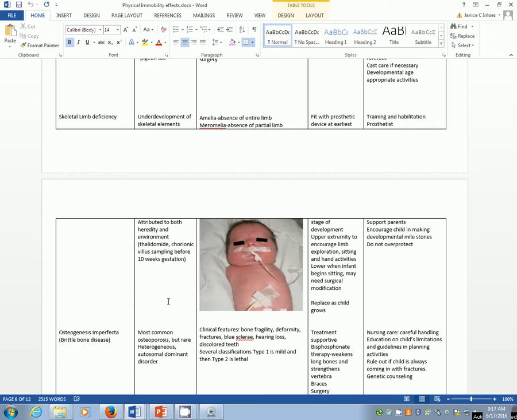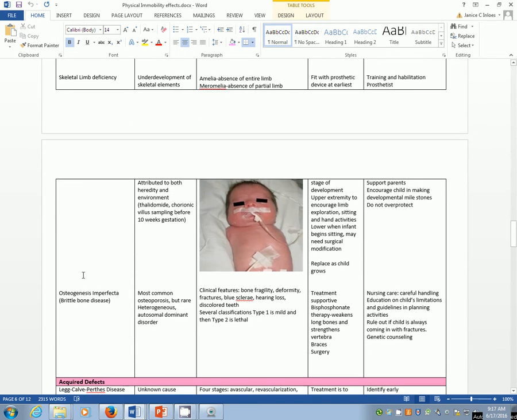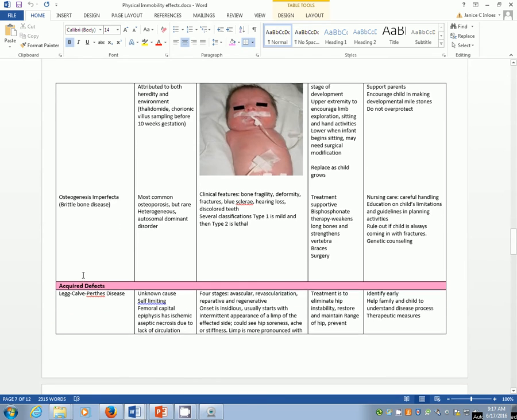Say they opted to have the chorionic villi sampling done, even though they really didn't want to, and then this turned out, they would probably think that would be what was the problem there. A lot of times they overprotect the kid. You want to make sure that they don't do that. We want to encourage the child in those developmental milestones. We want to be sure that we are doing play appropriate activities for the age.